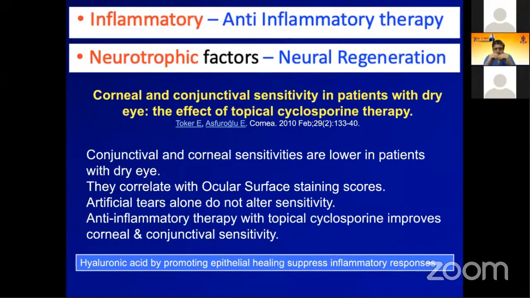One of the triggers for inflammation is epithelial breakdown, and therefore, just by the sheer fact that hyaluronic acid can promote epithelial healing and protect the corneal epithelium, I feel that use of these drops may definitely help to also suppress inflammatory responses on the ocular surface.